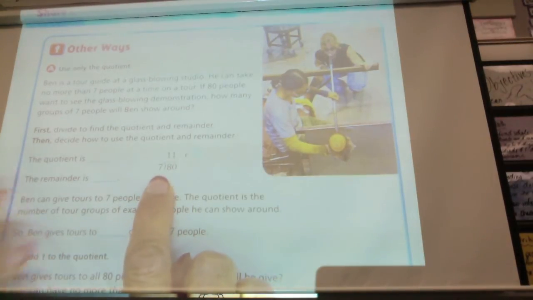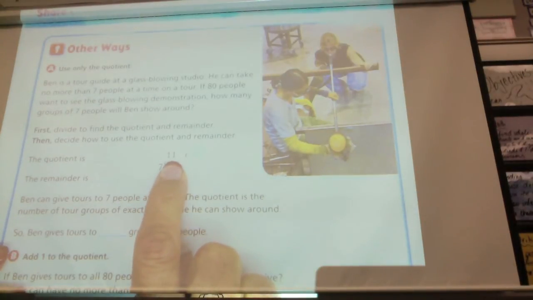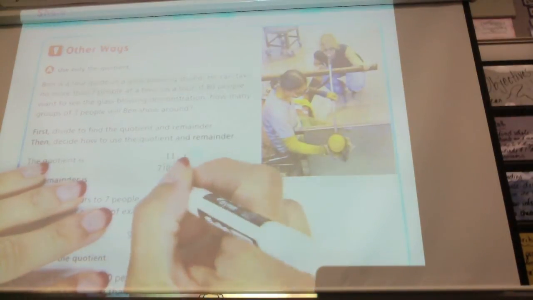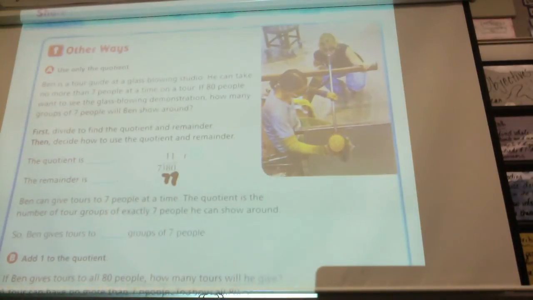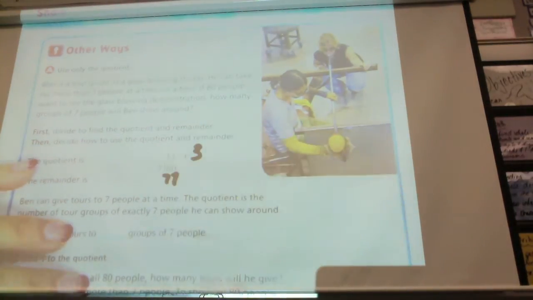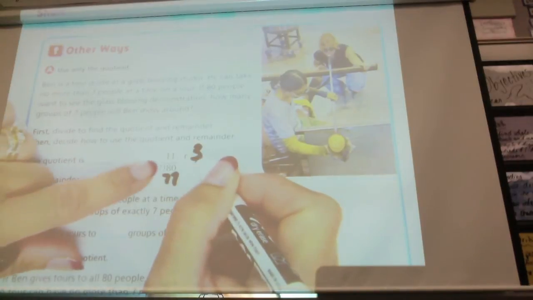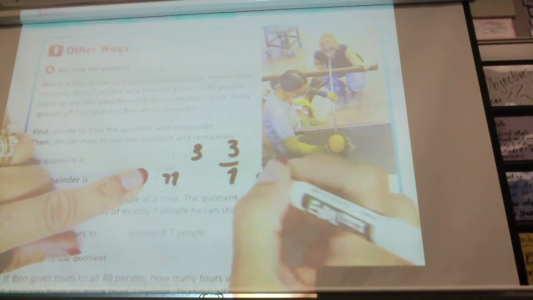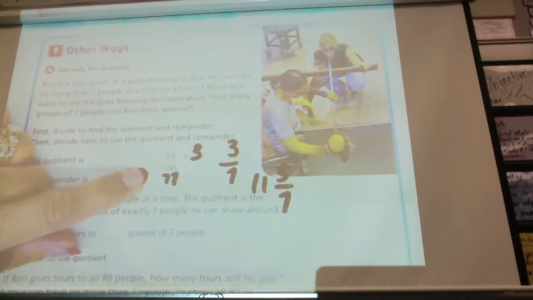We know if we work it out, we can figure out that 80 divided by 7 is 11. What is 11 times 7? 77. So that's 77 people. How many are left over? 3. Can I take my remainder and put it over 7? And then my answer is 11 and 3/7? Yes.